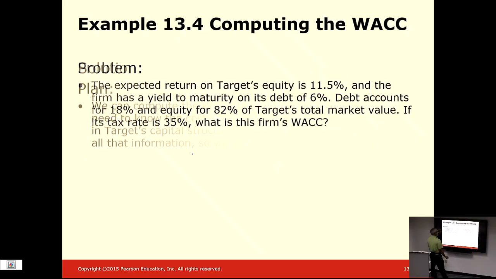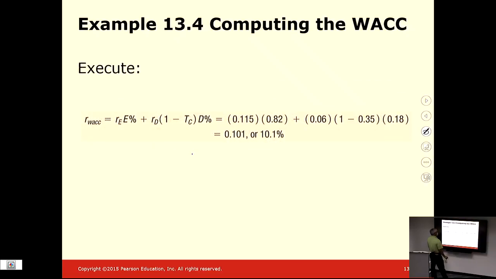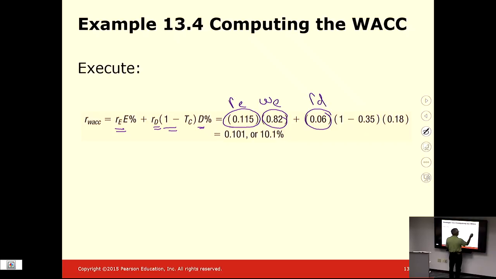Now it's just a matter of straight substitution into the equation: RE times WE, plus RD times 1 minus the tax rate times WD. And that will give you 10.1%.